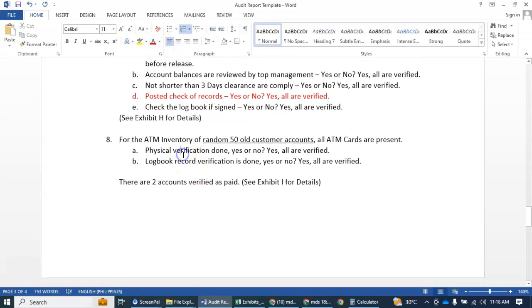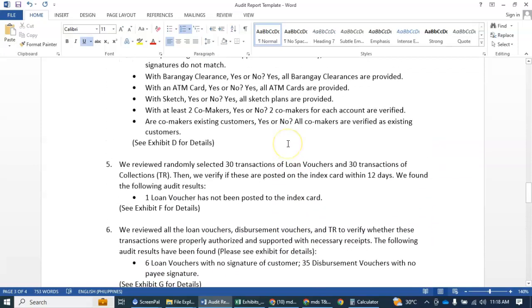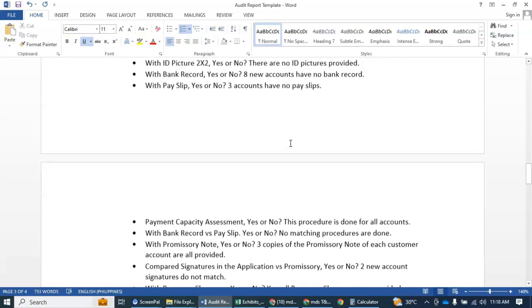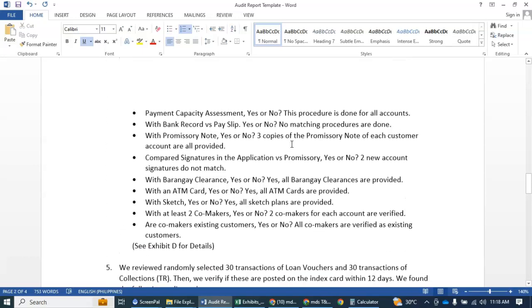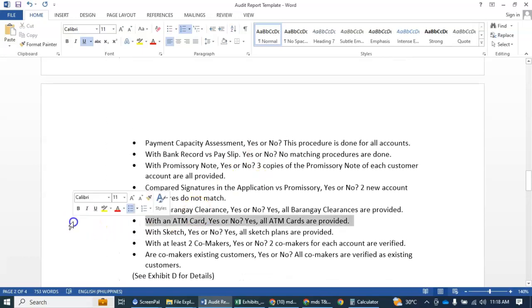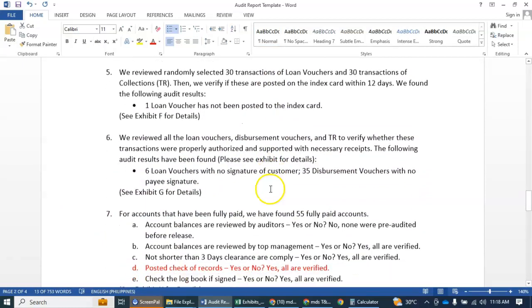Number 8 is the ATM inventory. So we check every now and then if the ATMs are still there. We check 50 old random customers. It's not the new, it's the old, because the new is already identified in procedure number 4. Part of that is the identification of the ATM, so there's no need to repeat it.